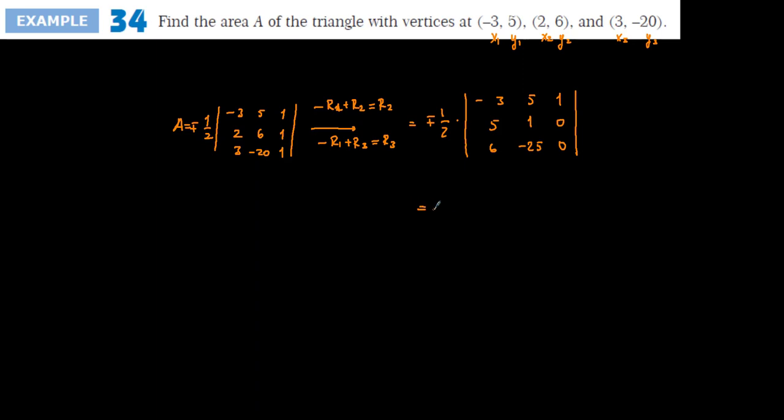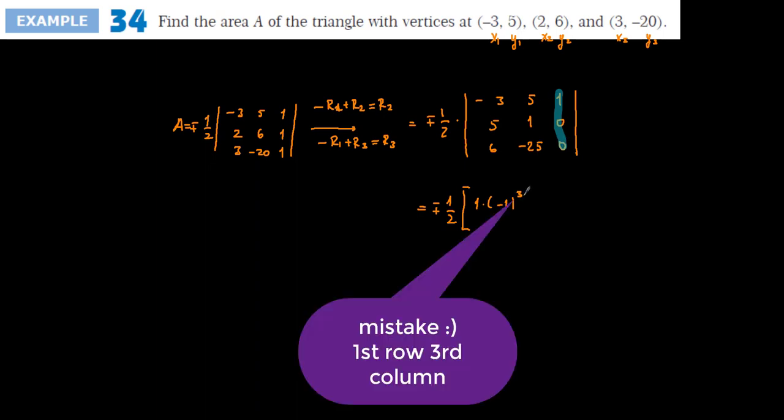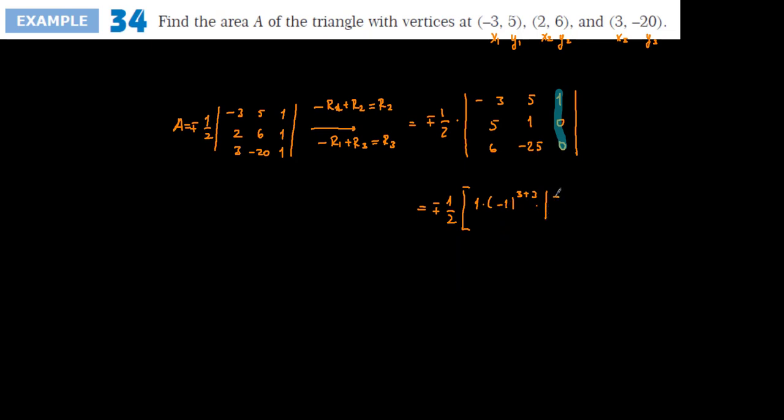Then I'm going to apply the cofactor expansion here, plus and minus 1 over 2 times, open parenthesis. Cofactor expansion says that I'm going to use it for this column. The leading entry is 1 times minus 1 to the power of 3 plus 3, since this is the third row, third column, times the minor 5, 1, 6 and minus 25, which is 25.